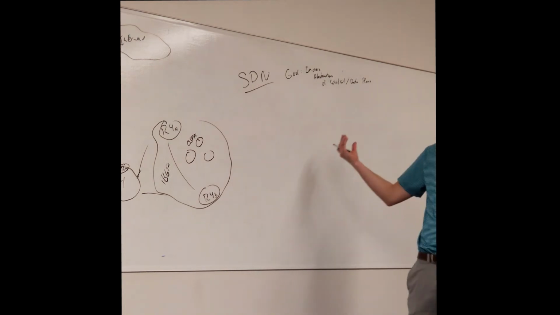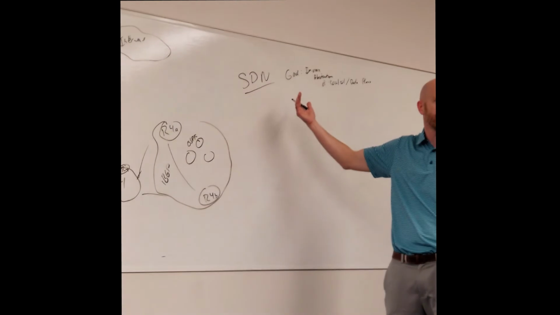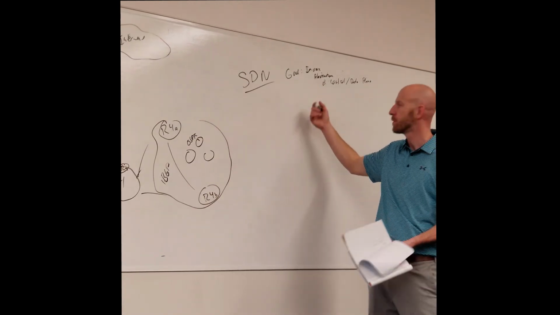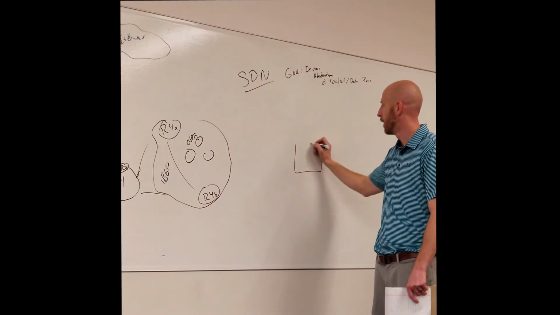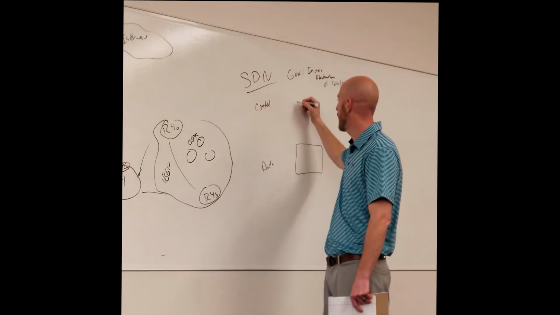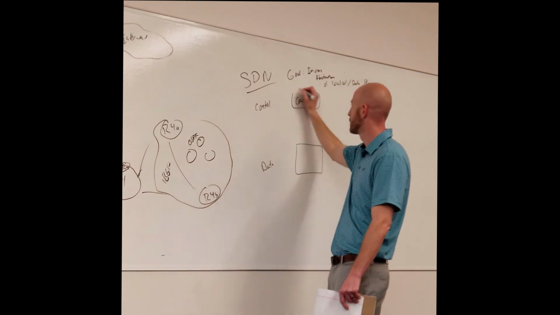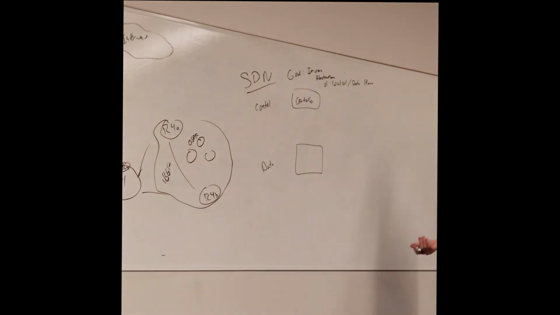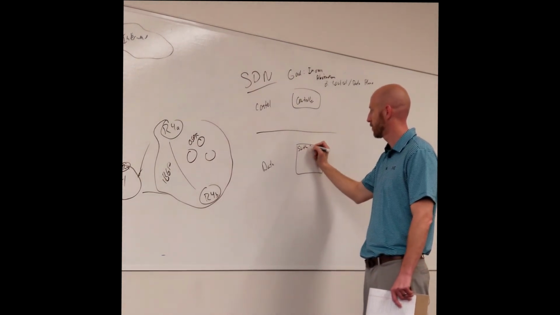So we have basically what? If we look at components, what are they? We have the data plane equivalent, and this will have a controller, right? So that's one thing, the controller, will be on that plane. And this will have just kind of a switch type thing, or a forwarding device.